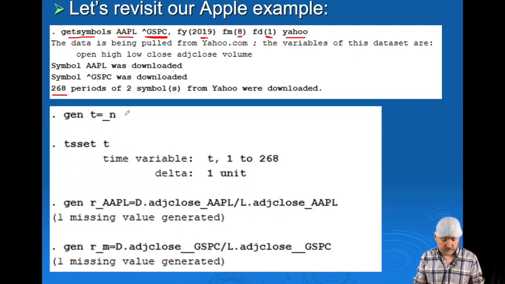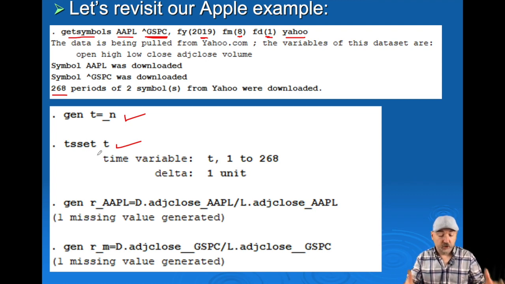Then we'll do the usual adjustments here. We're going to create a time trend variable. We're going to tell Stata that that time trend T is our way of denoting the passage of time. So that will allow us to use lag and difference operators. And then we'll jump right to calculating the return on Apple.